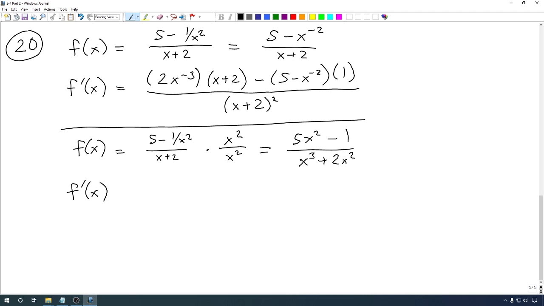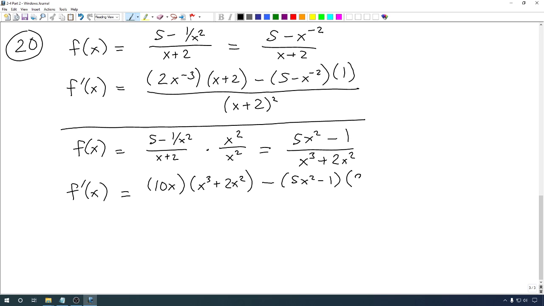So when we differentiate this time, we take the derivative of the top. So 5x squared becomes a 10x. The negative 1 becomes a 0. We take that times what we have on the bottom, so the x cubed plus 2x squared. We subtract what we already had on top, 5x squared minus 1, and now we multiply that by the derivative of the bottom.